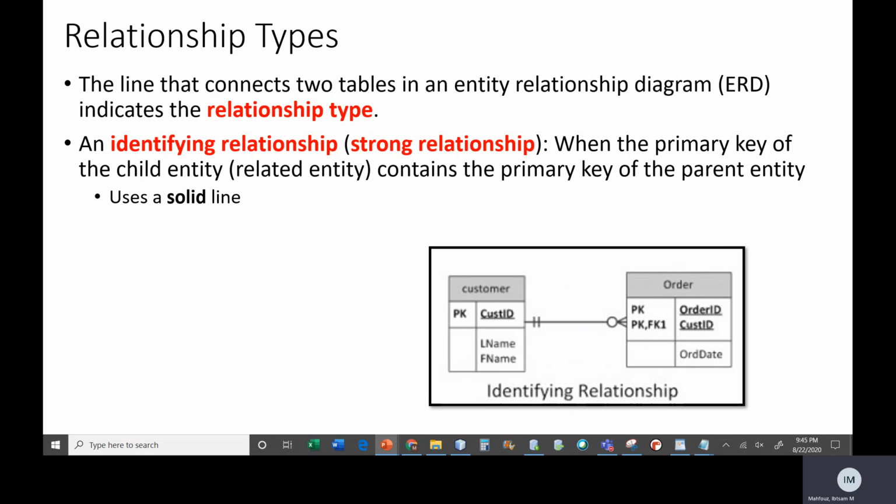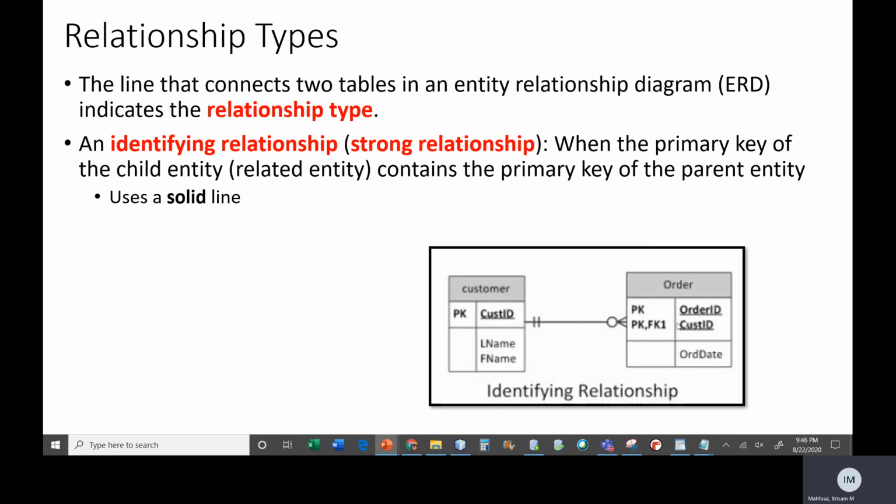We talked about strong relationships, or identifying relationships, before, and we said that they are relationships where, when I look at this child table, just by looking at the primary key of my table, I can know the parent.